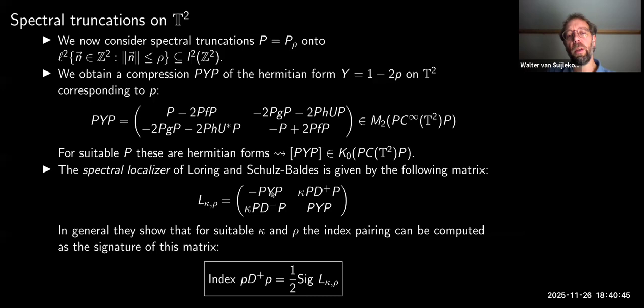So just count the number of positive and negative eigenvalues, take their difference and divide by 2. This is exactly giving me the index. It's a way to compute the index of the left-hand side.